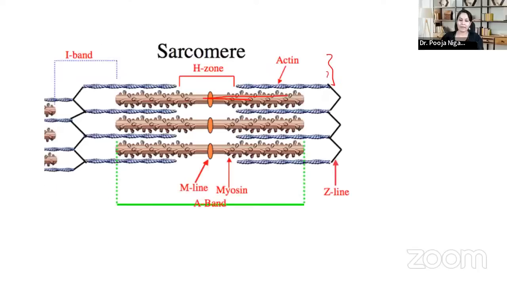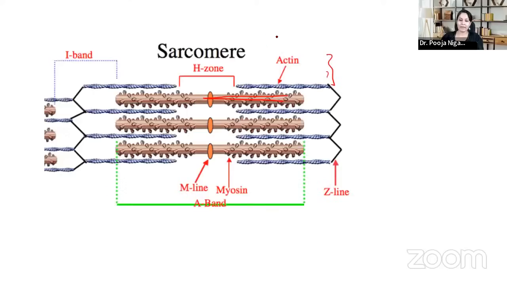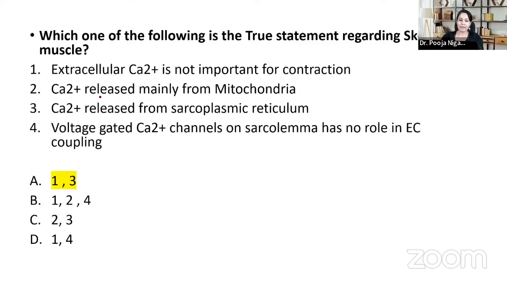Okay. The next question, I did not get the exact options, but they were something like this. We have to find out the true statement regarding the skeletal muscle. Now, extracellular calcium is required in CICR, that is calcium induced calcium release. Now, understand this happens in smooth muscle and cardiac muscle, and not in the skeletal muscle, but the question is regarding skeletal muscle.